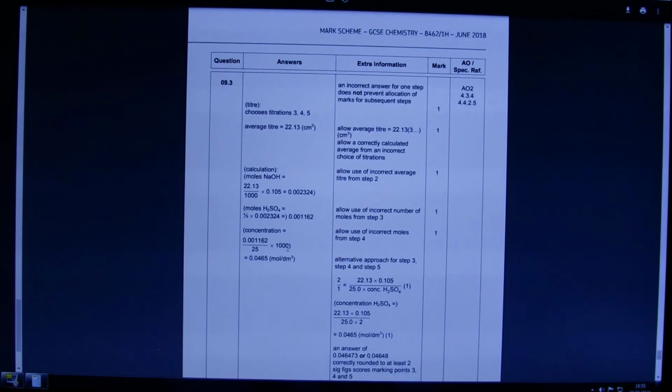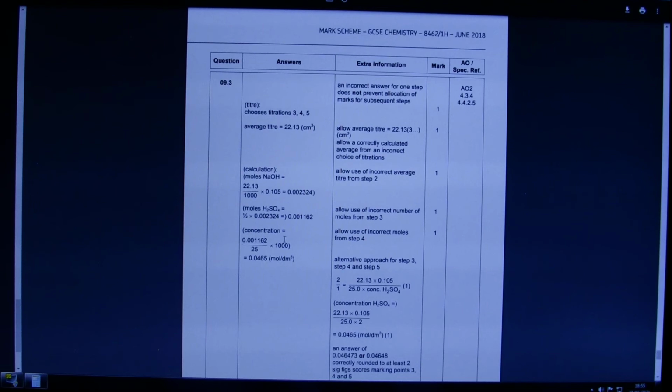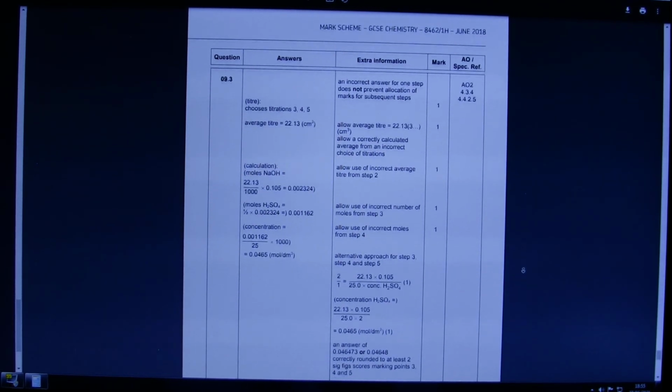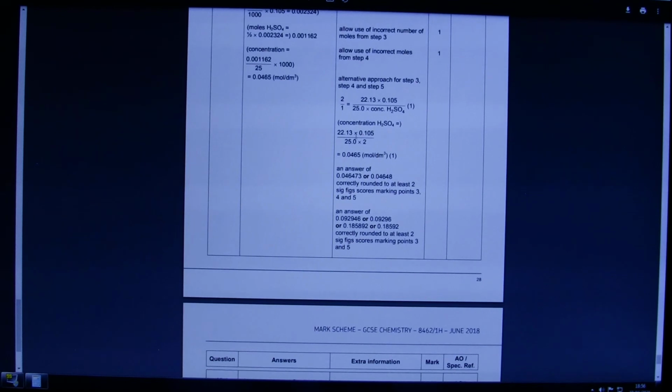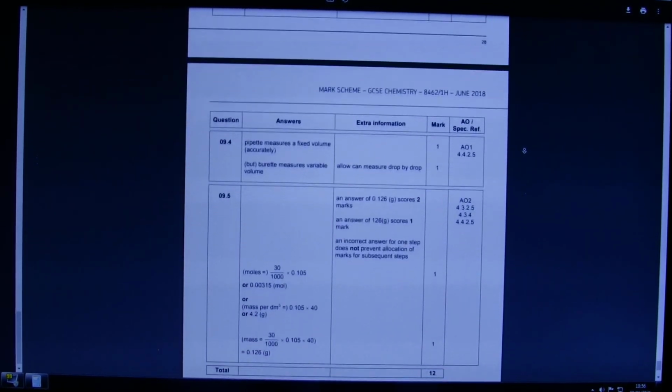Divide by 25 and multiply by 1,000, also known as multiply by 40, to go from per 25 cc sample to per litre, and you get 0.0465 moles per litre. There's an alternative explanation given here, which is just the same thing but doubling in a different place rather than halving at that stage.